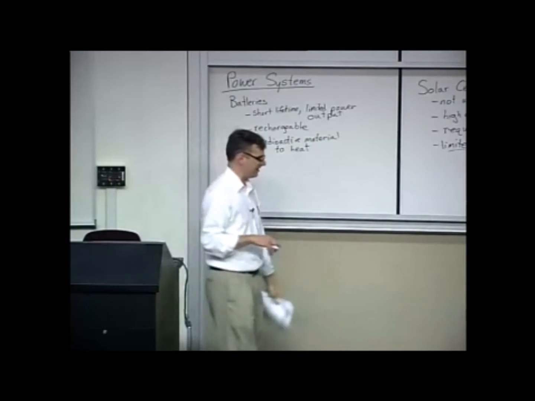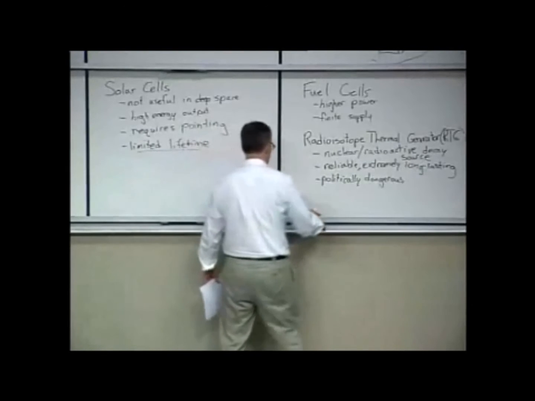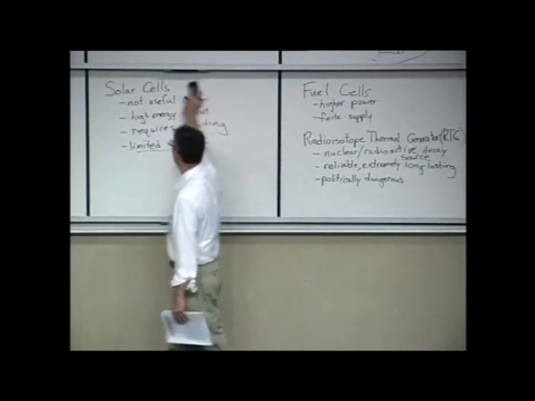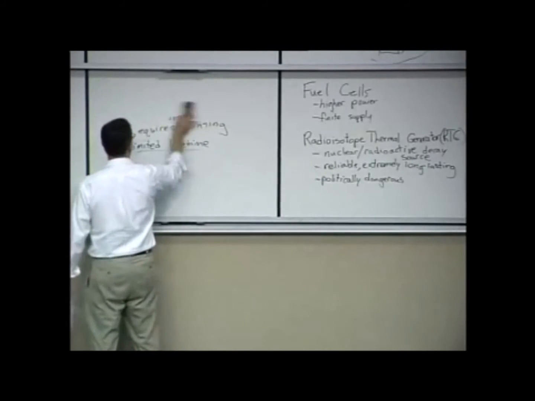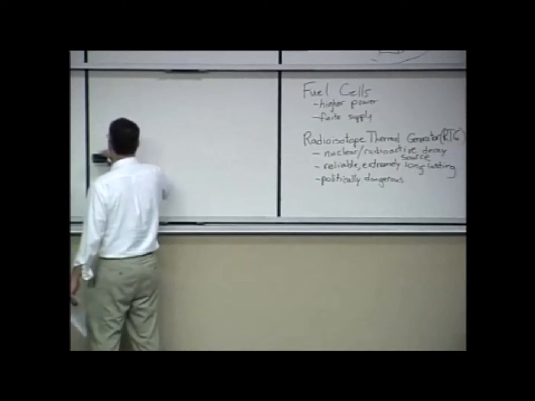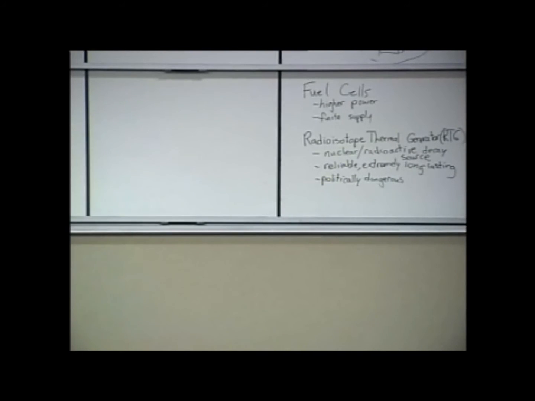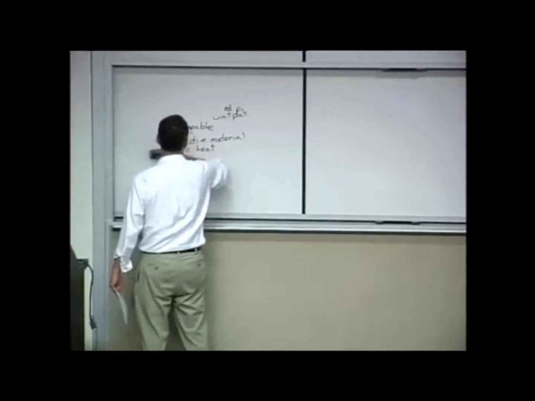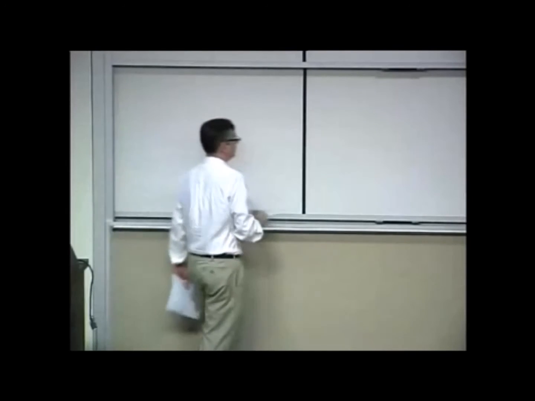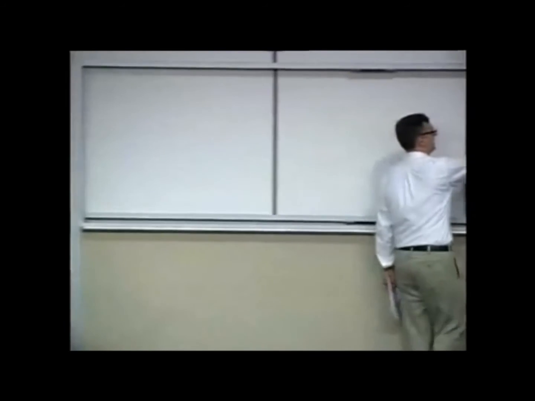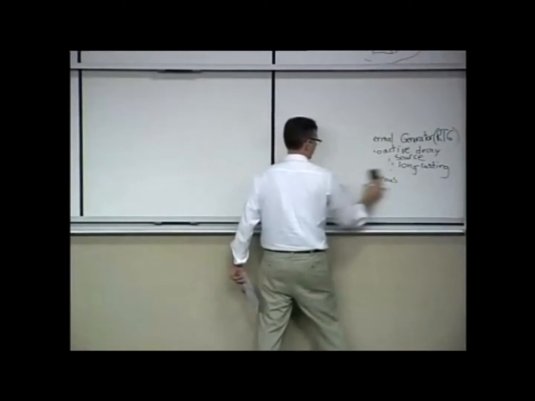Okay, now we get into the meat of the course. We do one last subsystem, which will introduce us to the communications and the electronics that we'll be spending most of the course talking about.